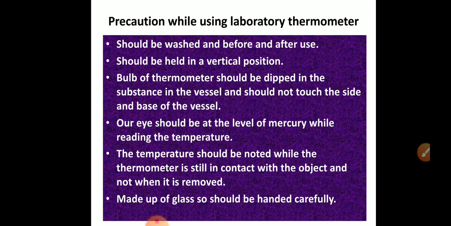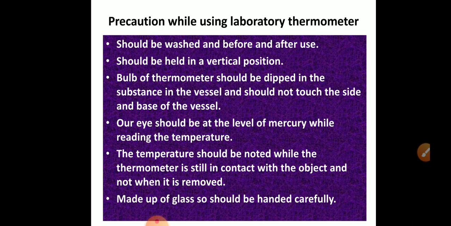Now next, precautions while we are using the laboratory thermometer. What precautions do we have to take? The first is when we are going to use it, we should wash it properly, and after use also we should wash it. The next is it should be held in the vertical position, and the bulb of the thermometer, as I told you earlier, should not touch the sides or the bottom of the vessel.